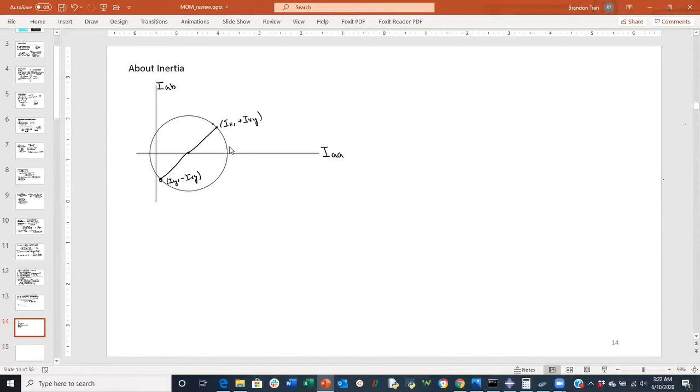So you can basically determine the orientation of your maximum moment of inertia just by simply using the Mohr circle equations we used earlier. To establish this, right here would be the maximum inertia, and right here would be the min. And why is this advantageous?